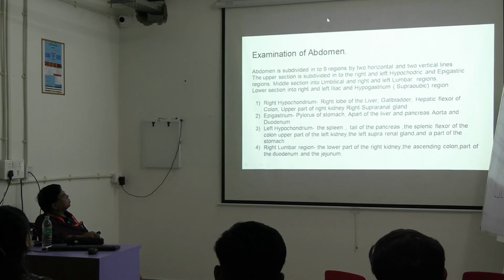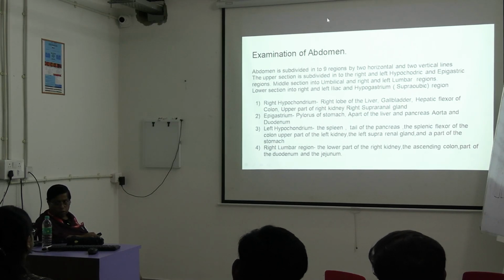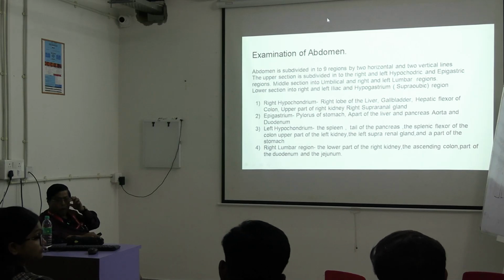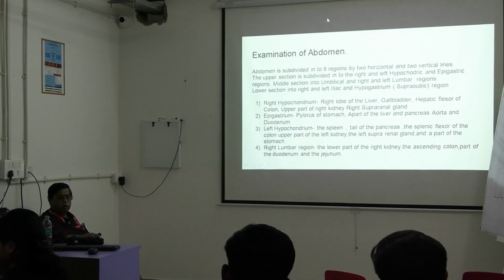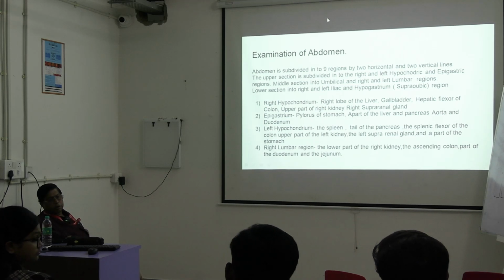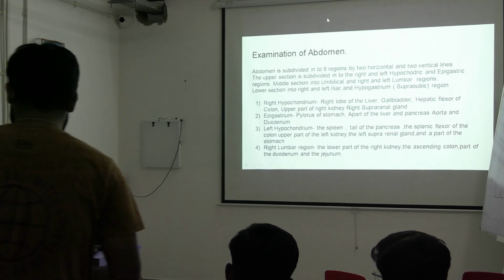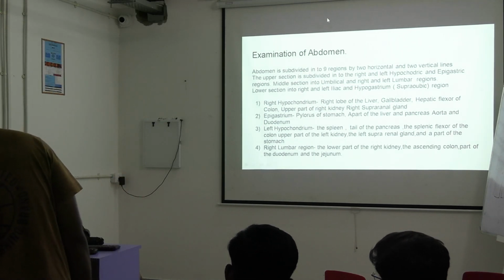The lines are not mentioned here. You know the lines, no? How the lines are drawn. The 2 horizontal lines: the upper horizontal line is drawn at the lowest point of the chest, the lowest point of the rib cage.